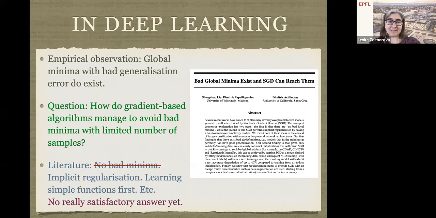And for some reasons, the gradient descent algorithm manages to avoid the bad ones and go to the good ones with limited number of samples. So it's not because there are no bad minima, there are. The literature discusses some kind of implicit regularizations or learning simple functions first, but overall, the satisfactory answer is not yet there.